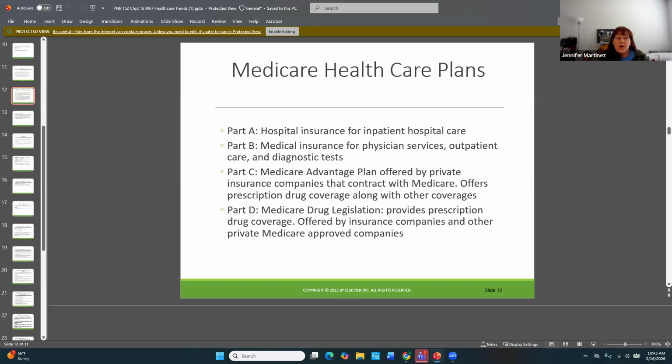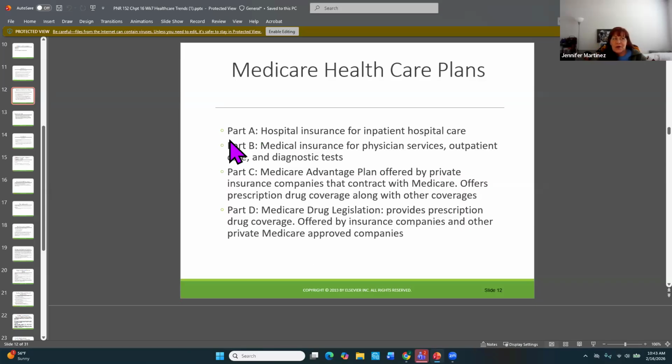And then you have Part D, which is the prescription drug coverage. The Medicare drug legislation that was passed in 2003 provided prescription drug coverage to help pay for brand name medications at participating pharmacies. This one is also offered by insurance companies and other private Medicare companies.